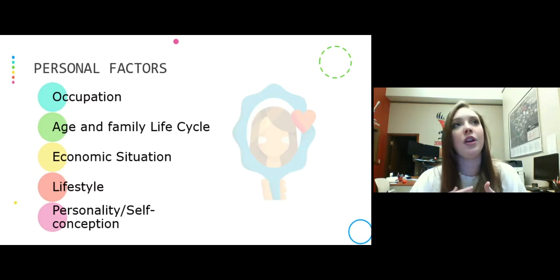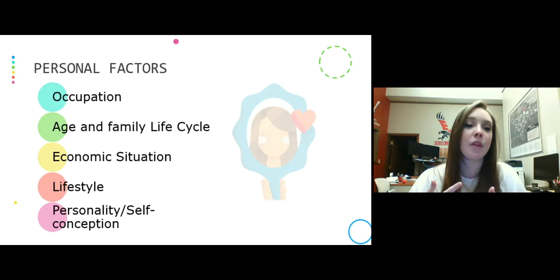So if your personality was more mature, what you would be buying would be different than someone who had a more loose, laid-back personality.